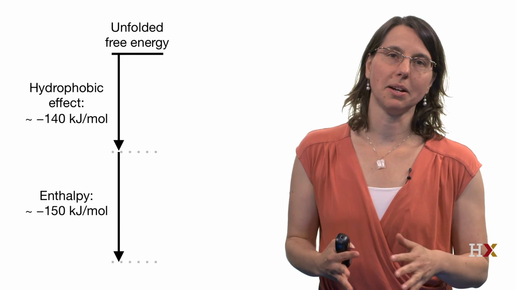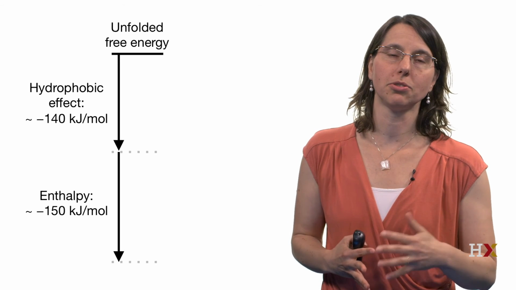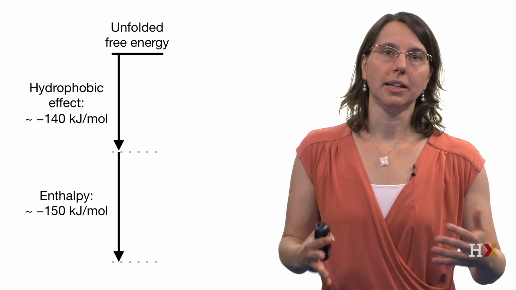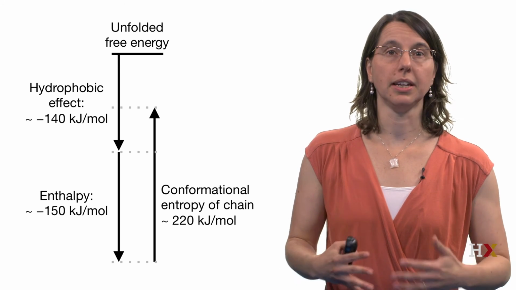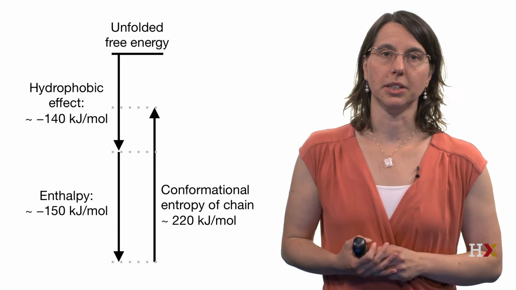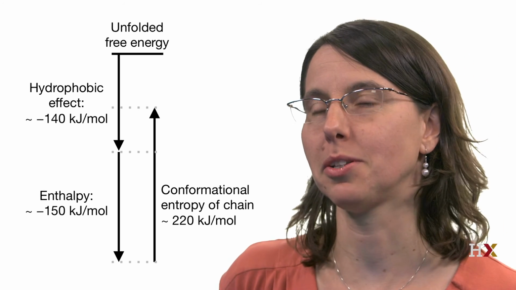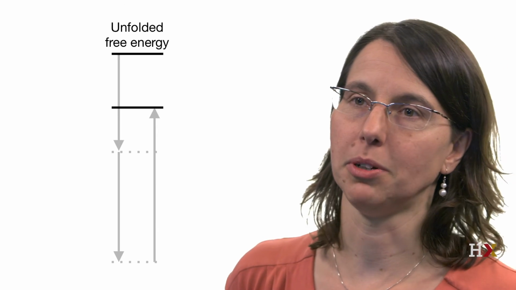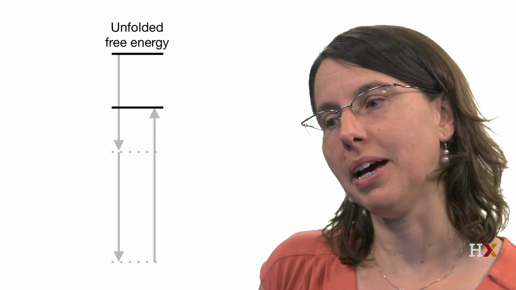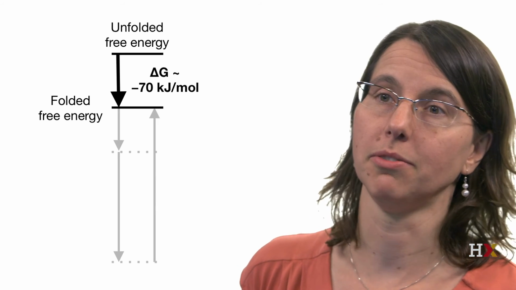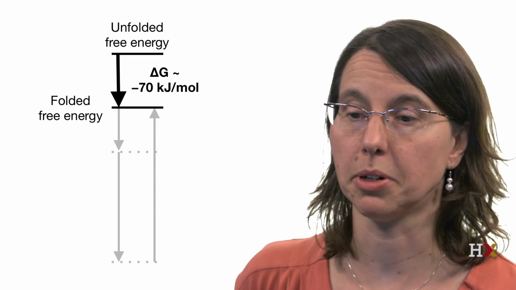Then the force that opposes these two is the huge reduction in entropy from going from the many, many conformations accessible to the unfolded protein to the single conformation of the native protein. So when we add up those three components, we still come out with a net favorable free energy, with about minus 70 kilojoules per mole of stabilization energy upon folding of a 100 amino acid protein.